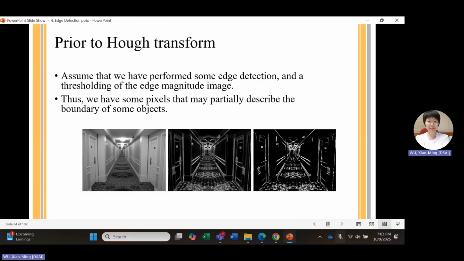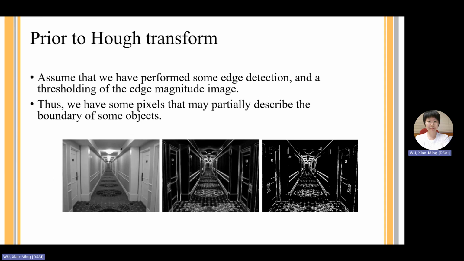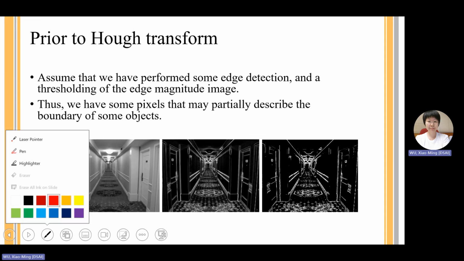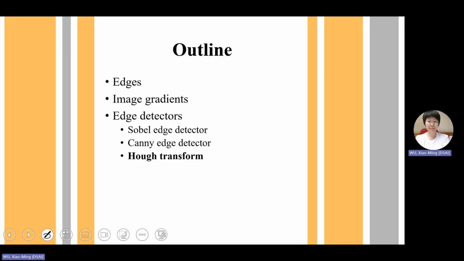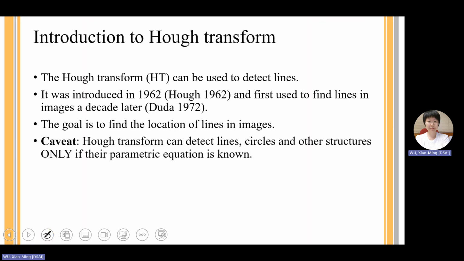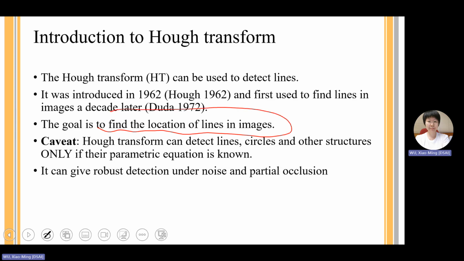So this is what Hough transform was proposed for. The goal is to find the location of lines in images.